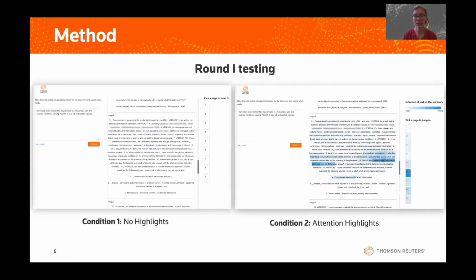So we had two rounds of testing in total with two editors, and this was a within-subject study. In round 1 of testing, both editors had to work with a web interface resembling their actual tool with no highlights and with attention highlights.